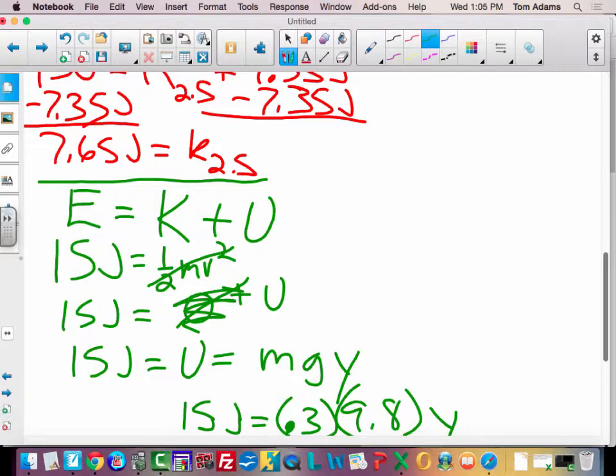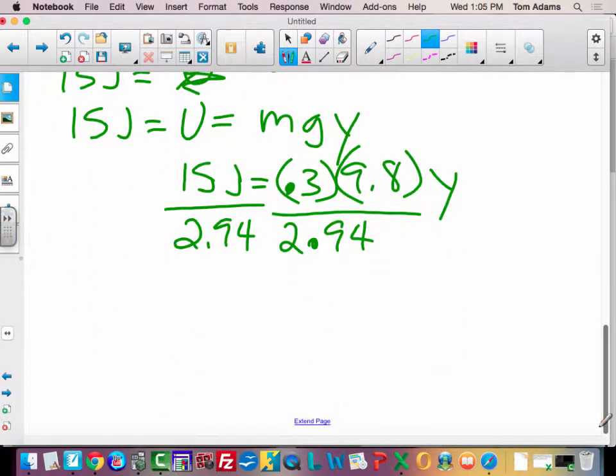The one where you do the half is the kinetic energy, and mgh or mgy is potential energy. So now what's 15 divided by 2.94? 5.10.